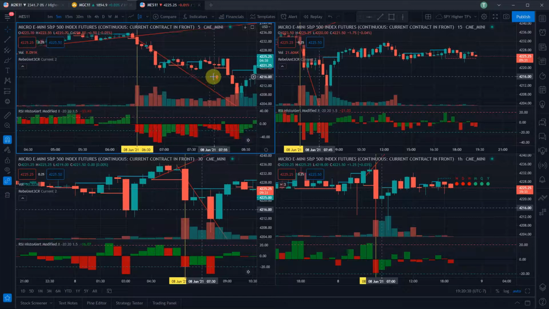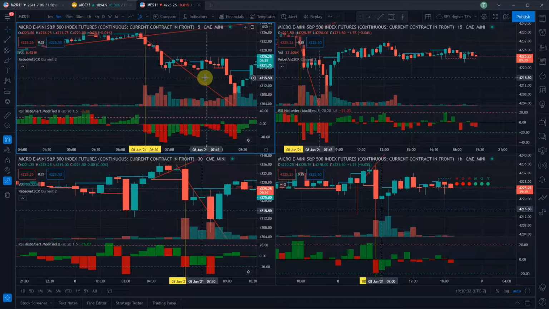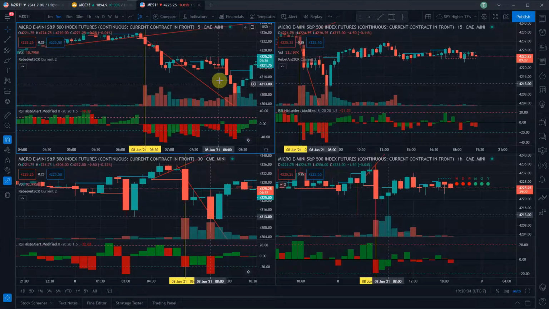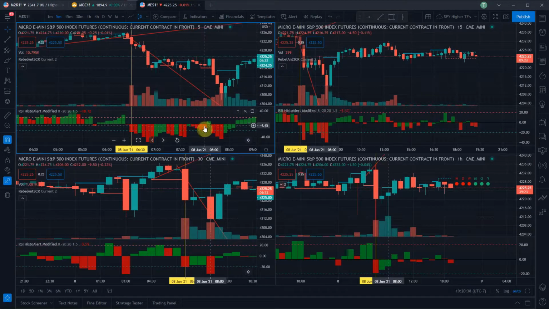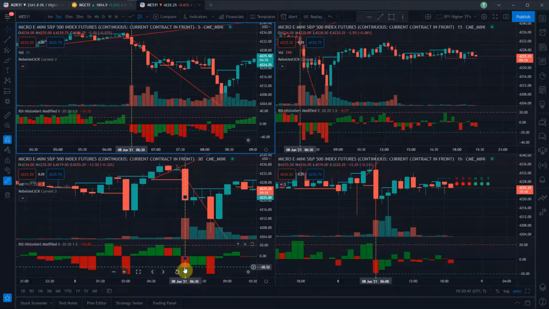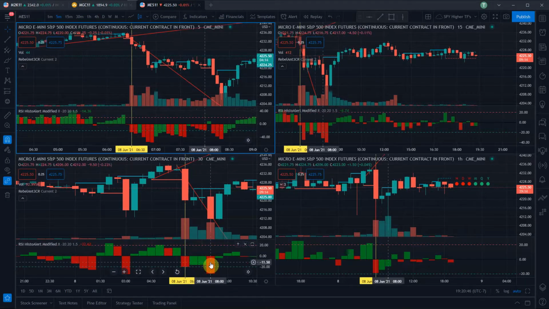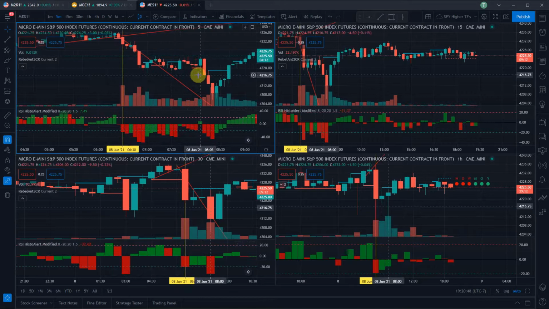But I want to point out what did work, why it worked, because look at this. Had you waited for the bust, pull back, and break on the 30, look what happens over here.